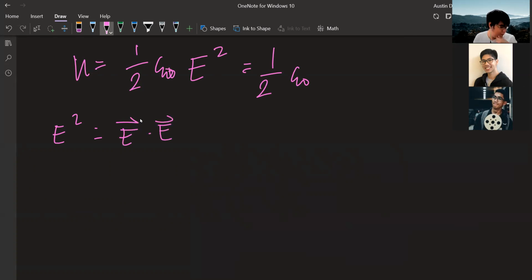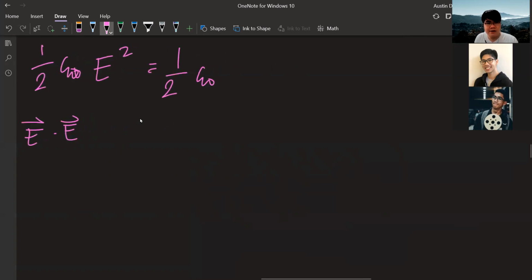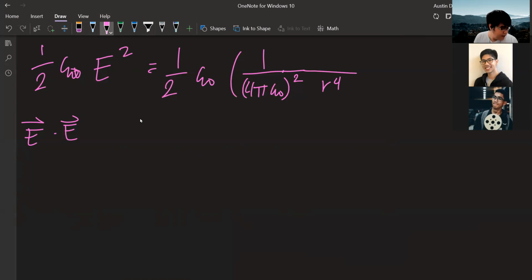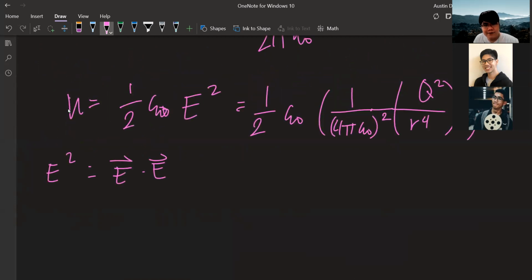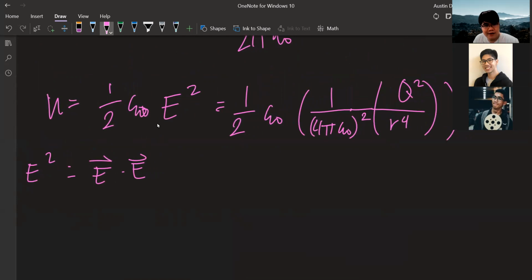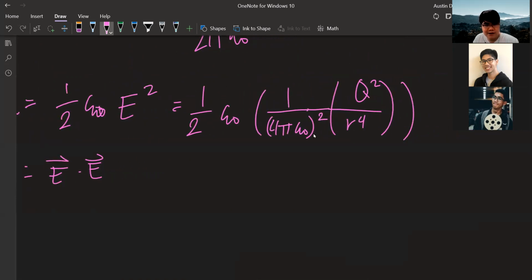And this is just 1 over 4 pi epsilon naught squared, tapos r to the fourth, sige natin ganito, Q squared. Okay, Q squared. So this is my electric energy density. Okay. Energy density ito.